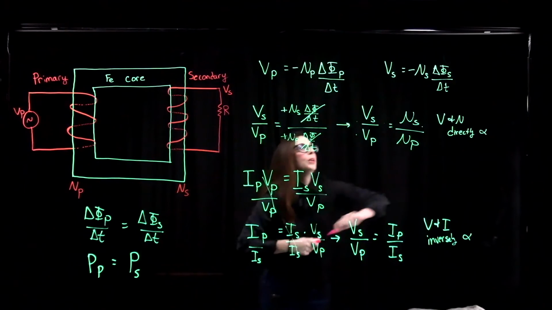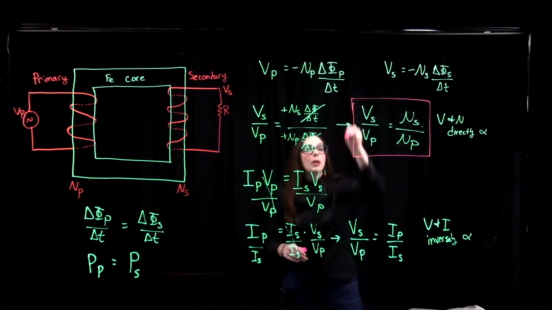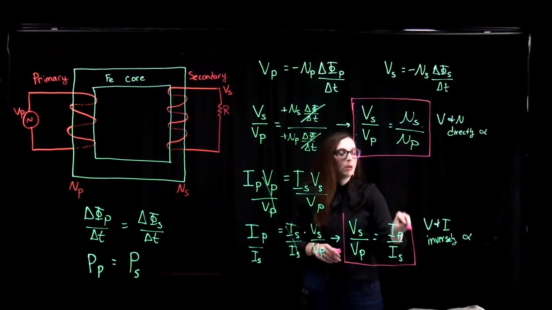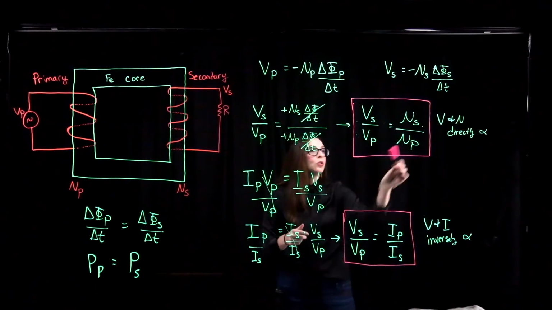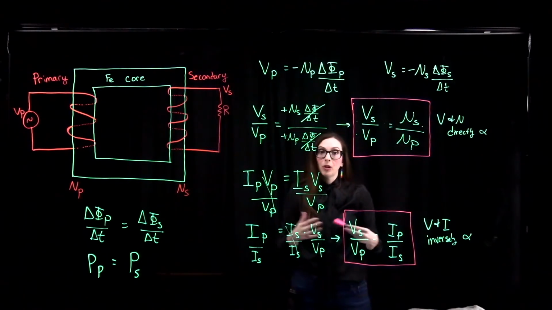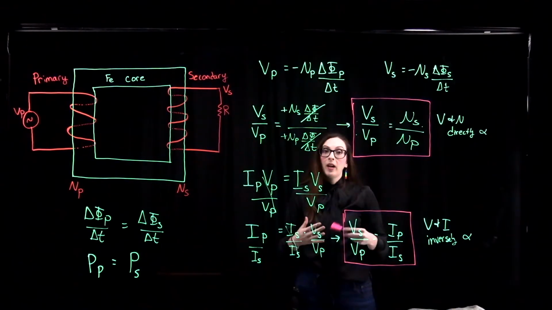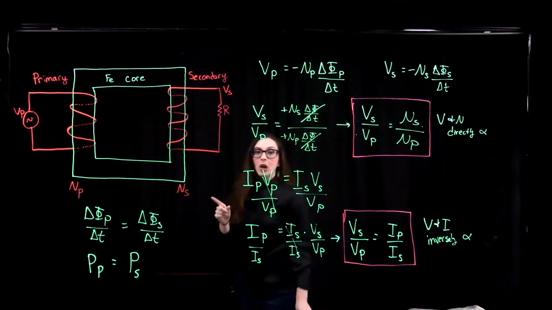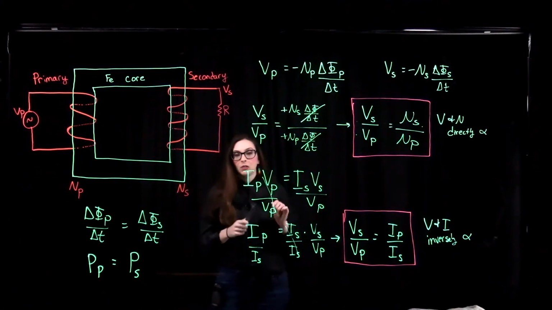So we have these two relationships for our transformer. We've got a relationship that shows the ratio of the voltages between my secondary and primary coils to the ratio of the number of turns of the loop. And I also have this relationship that shows the ratio of the voltages of my coils to the current that induced EMF generates. Whenever we talk about transformers, there are two types of transformers.